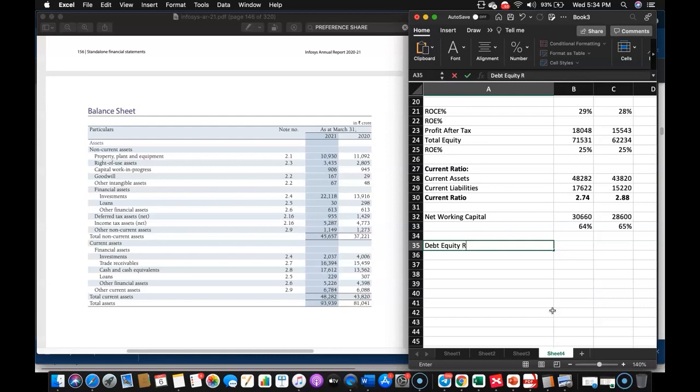Let's look at debt equity ratio. Debt means total outside liabilities. Equity means all equity: capital, reserves, other equity and all.